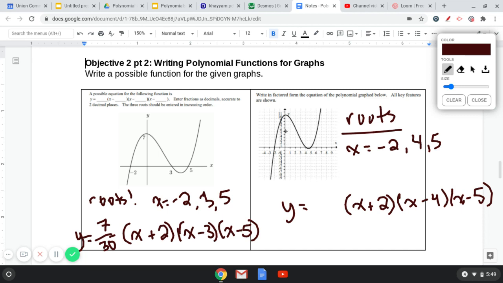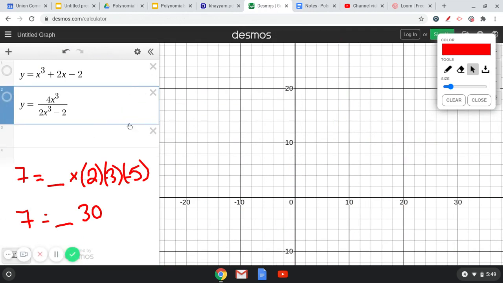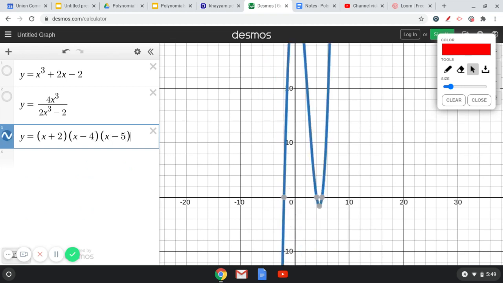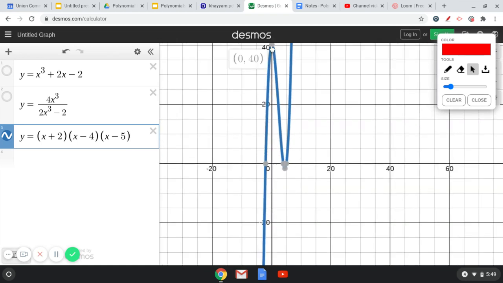oh goodness gracious, 2, 3, 4, 5, 6. Okay, so it's low, so this will be 11. Nope, it'll be 10. We're looking for 10. Okay. So we're looking for y equals something times x plus 2, x minus 4, and then x minus 5. All right, we want this to be crossing at 10, not 40. So what we can do is take, when x equals 0, 2 times -4 times -5, 40.